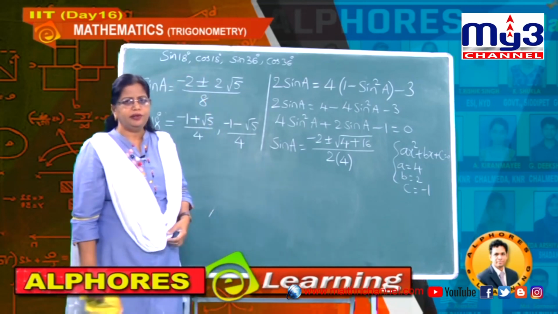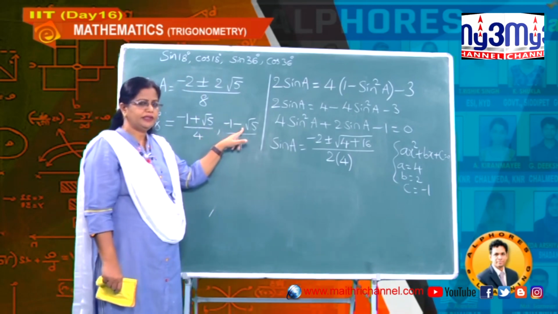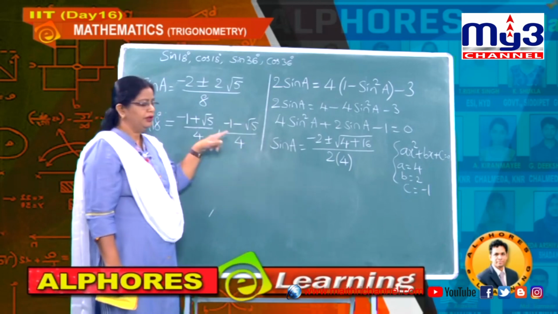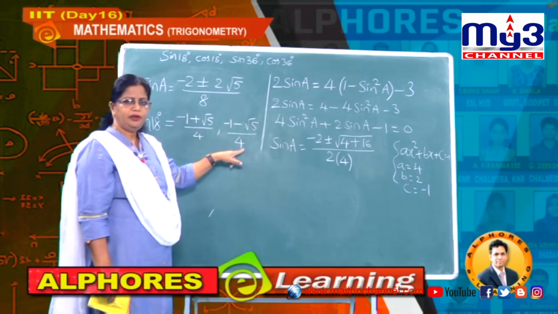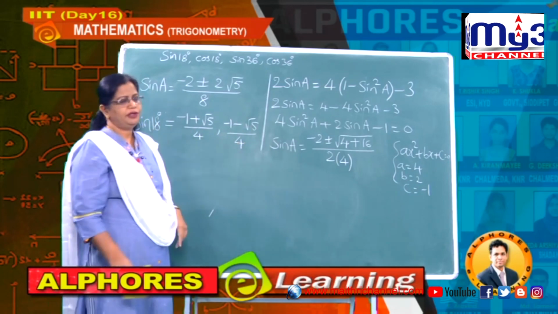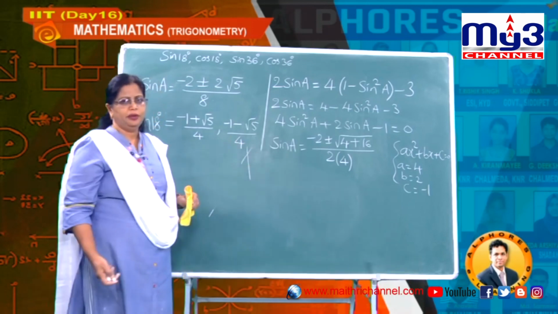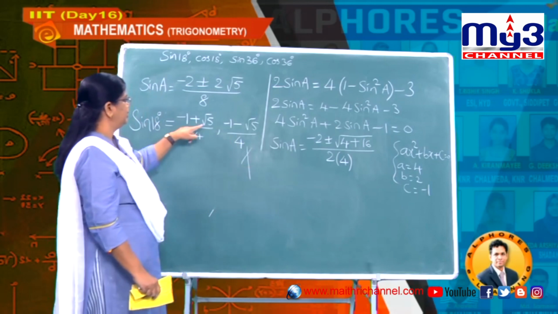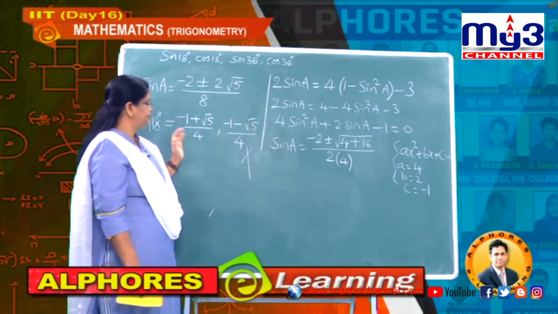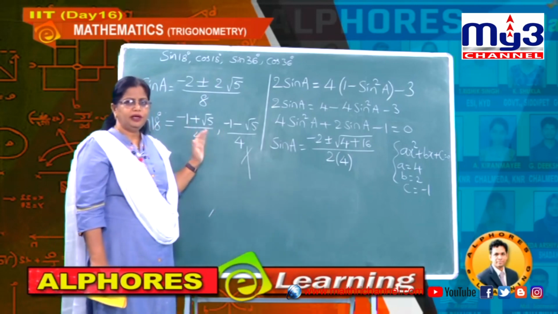Once it is an acute angle, sin 18 cannot be negative, so we don't consider the negative value. Hence our value is root 5 minus 1 divided by 4. Therefore, sin 18 equals root 5 minus 1 divided by 4.